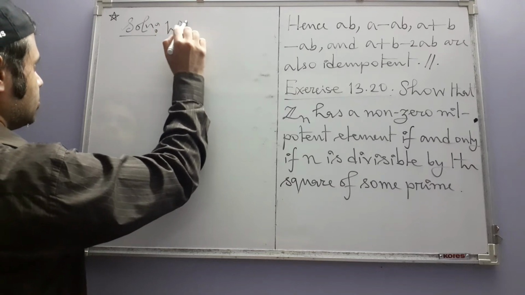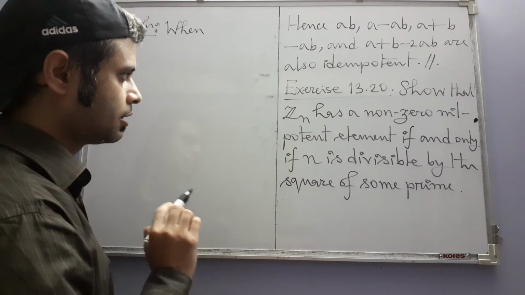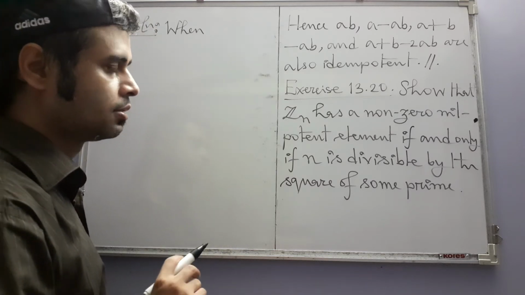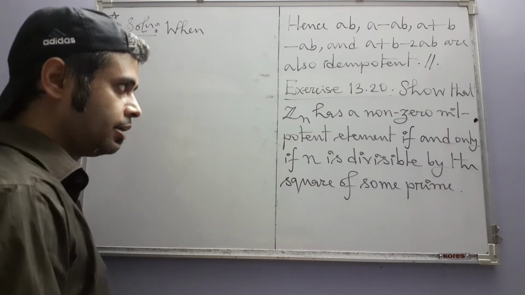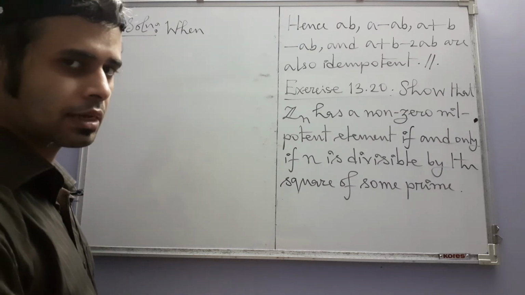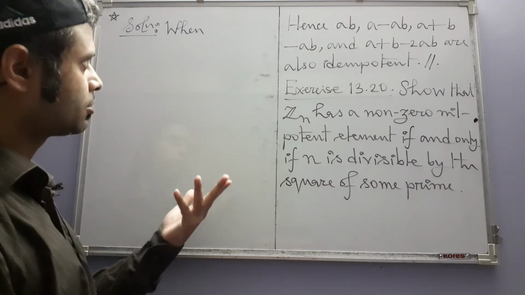So it may look silly that I am considering the case n equal to 1, specifically if the text has already said that the rings have been considered only for n greater than 1. If that is the case, please ignore this first part.